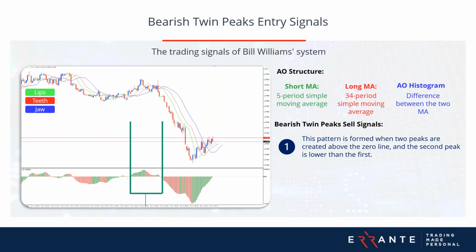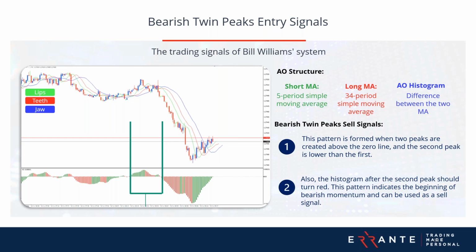This pattern indicates the beginning of bearish momentum and can be used as a sell signal, but strengthen the signal by identifying resistance levels that align with a bearish twin peaks formation. And also consider entering a trade slightly before the second peak fully forms, but only if other indicators confirm bearish sentiment.